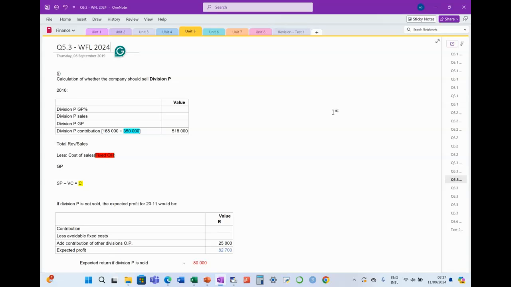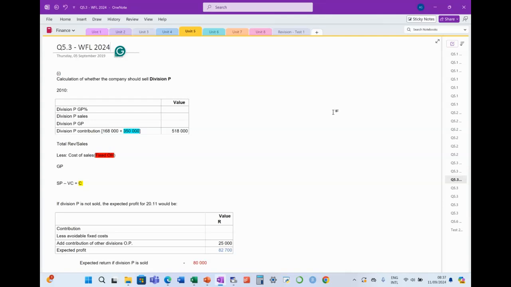Then it goes on to say, if the division is not sold, fixed costs will increase by 6%. Variable costs remain the same percentage of sales. Sales are expected to increase by 11%. If the division is sold, it is expected that some sales of other divisions would be lost.